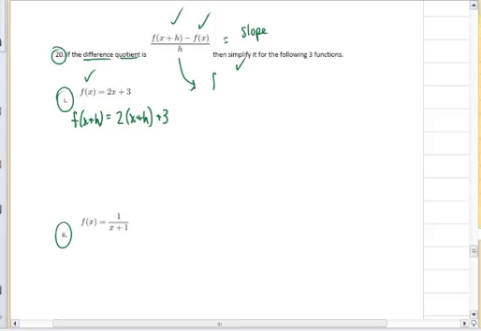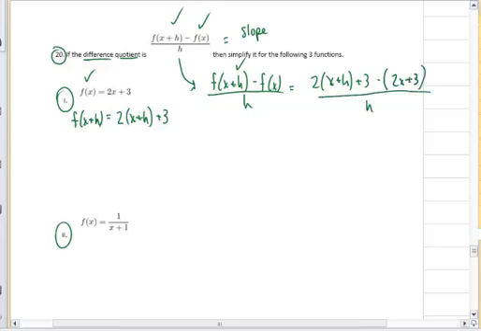So f of x plus h minus f of x all over h is going to be 2 times x plus h plus 3 minus the quantity 2x plus 3, all over h. The good thing about the difference quotient is when you do it right, everything should sort of cancel out, so it looks like a nice pretty end result.